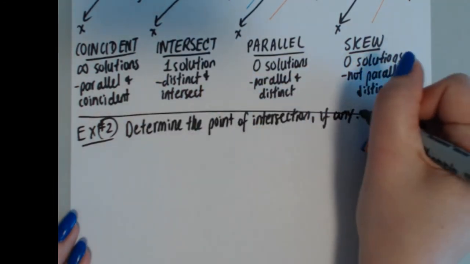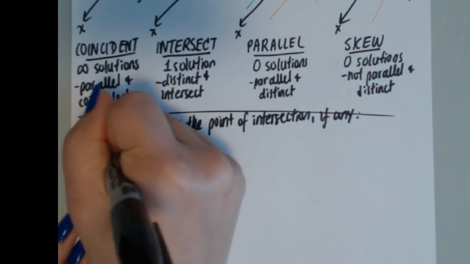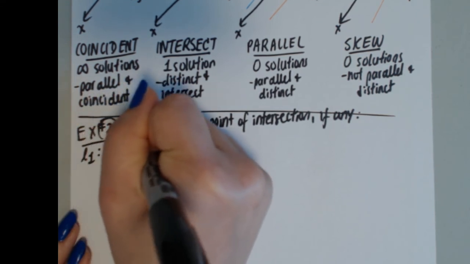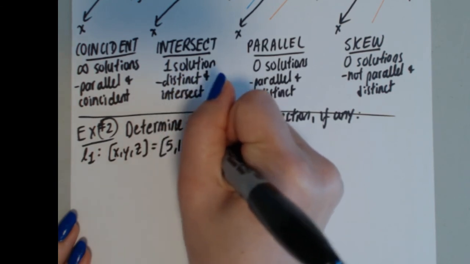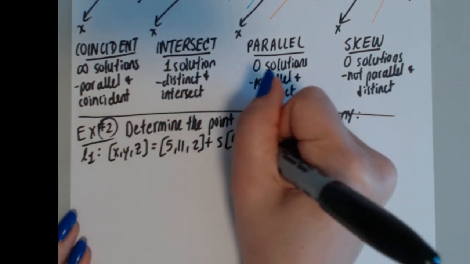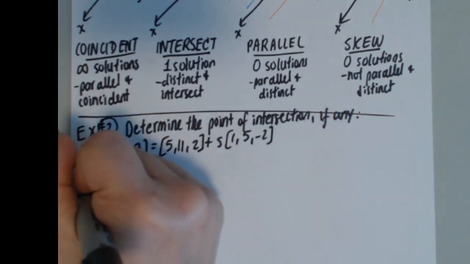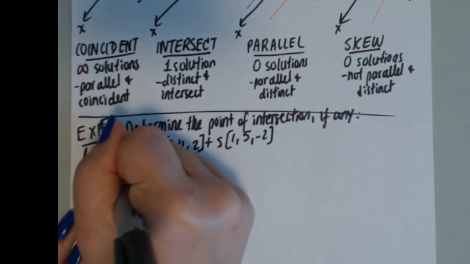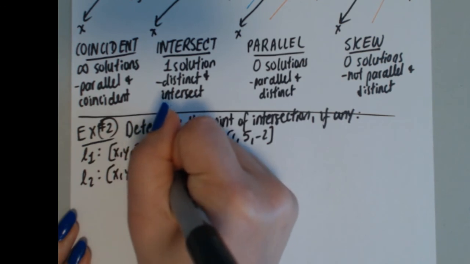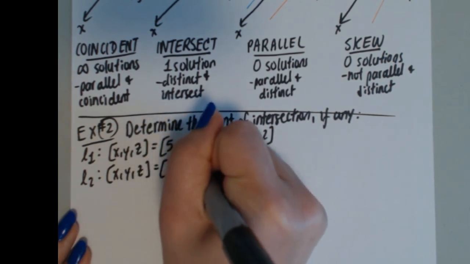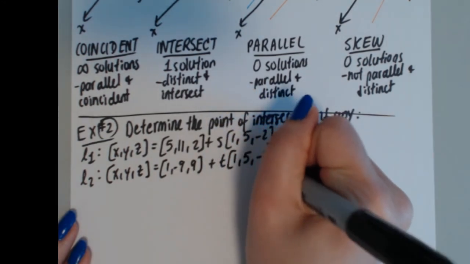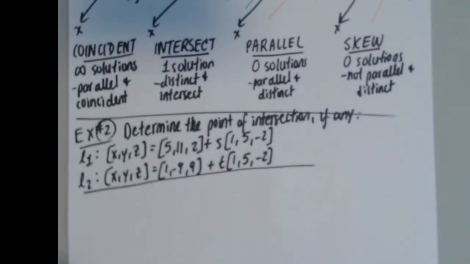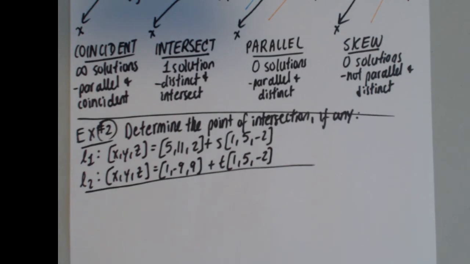Line L1: (x, y, z) = (5, 11, 2) + s(1, 5, -2). Line L2: (x, y, z) = (1, -9, 9) + t(1, 5, -2). So determine the point of intersection, if any. And we have to solve this in steps.